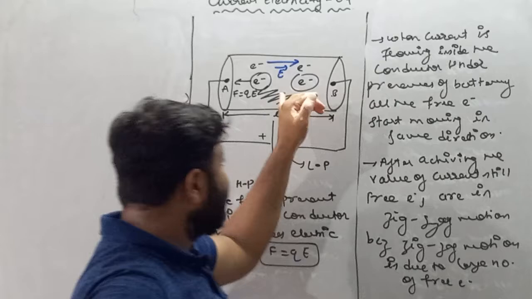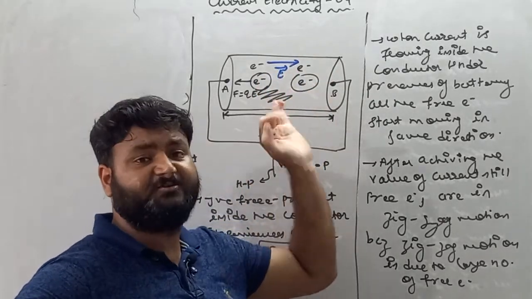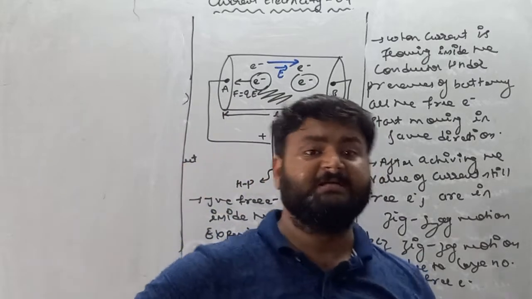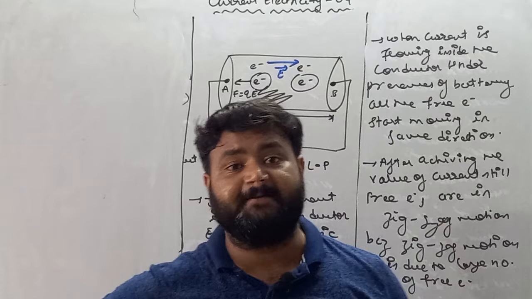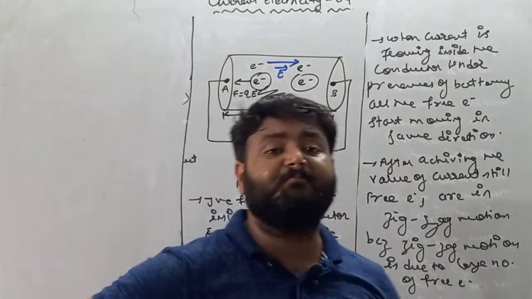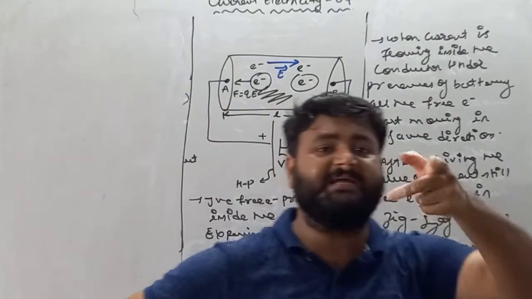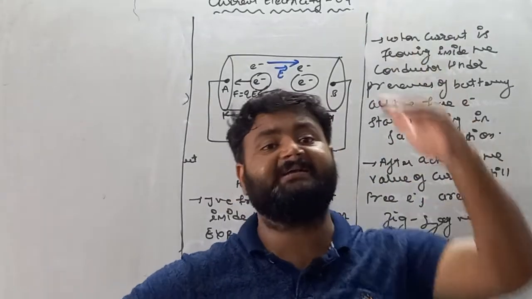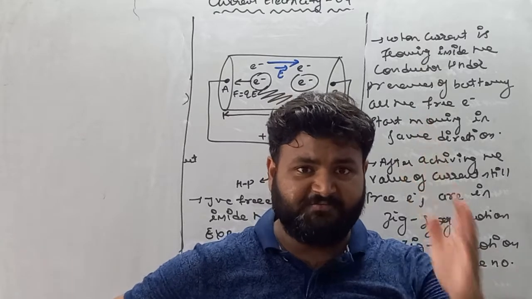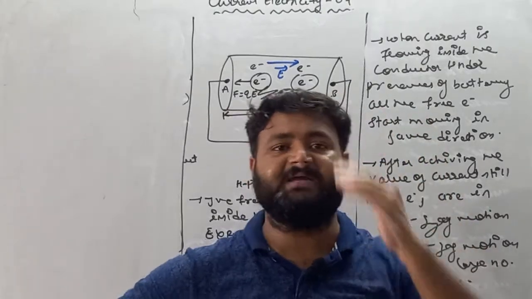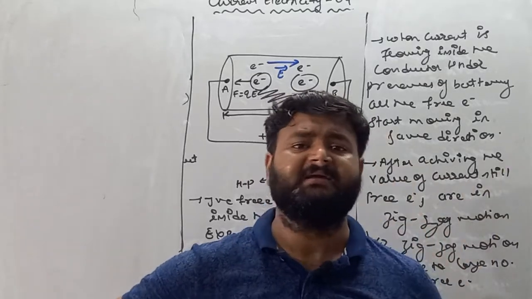So an infinite number of collisions can take place between every free electron and its neighboring free electron. If every collision takes place at a different time, and infinite collisions take place inside the conductor, then infinite numbers of times will be achieved. If infinite times are achieved, then it is not possible for us to make any equation.